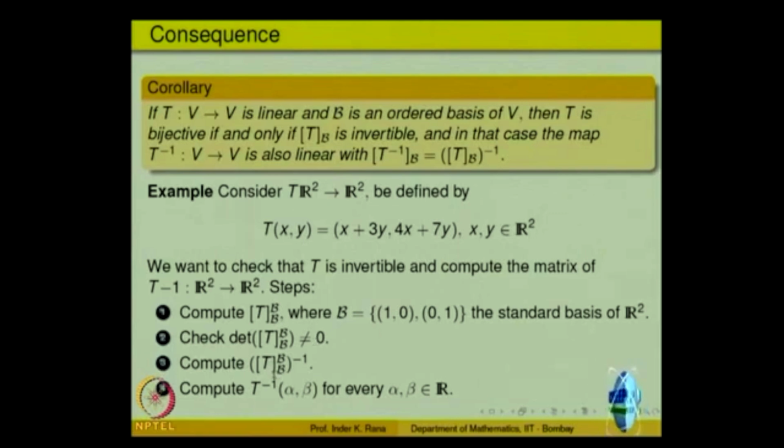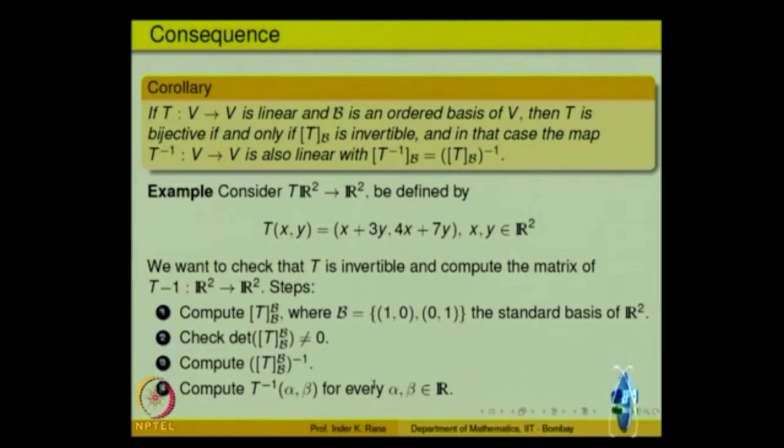If it is invertible, you can find the inverse of that matrix using our techniques, either the reduced row echelon form or the adjoint method, and then using that matrix you can write down the formula for T inverse of a vector by matrix multiplication, as we did last. So this is matrices and linear transformations.